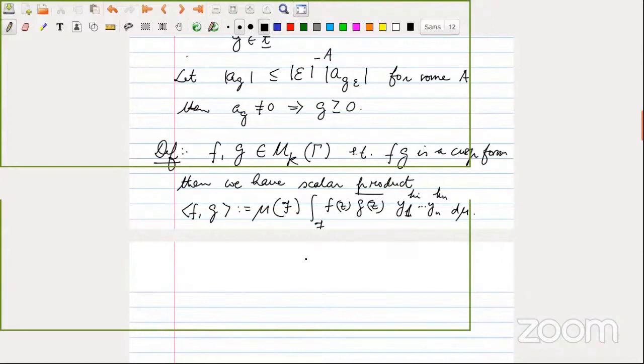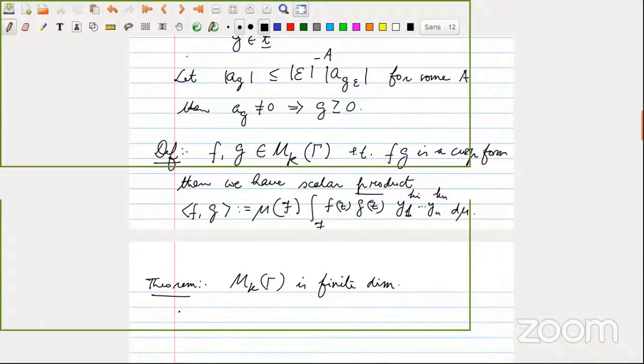And then we looked at this theorem. Using this, we can show that M_k(Gamma) is finite dimensional.